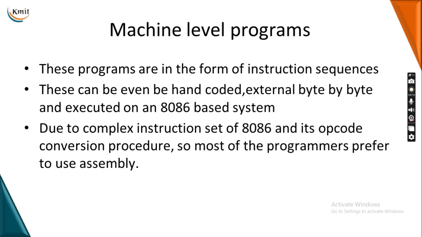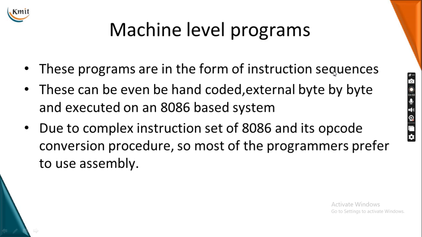As I told you, machine level programs understand the machine understandable format, nothing but zeros and ones. So how does the user understand that machine coding? Machine level programs will be in the form of instruction sequences, in sequences of ones and zeros.